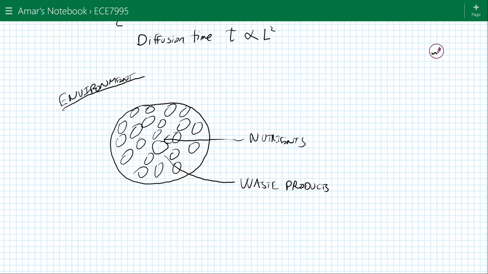At some point, it takes too long for nutrients to diffuse in and waste products to diffuse out. For someone at our length scale, if we were just composed of a blob of cells, the cells in the middle would get starved. So what's the solution that our body has?